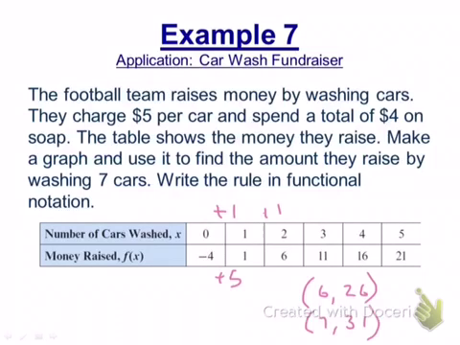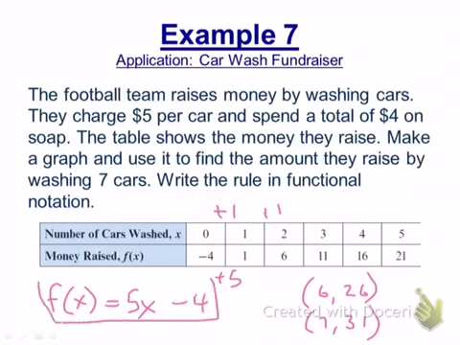So, what's the equation that is represented by this? The slope is what? Slope is 5. So if we're doing function notation, y equals mx plus b, f of x equals 5x minus 4. That's it.